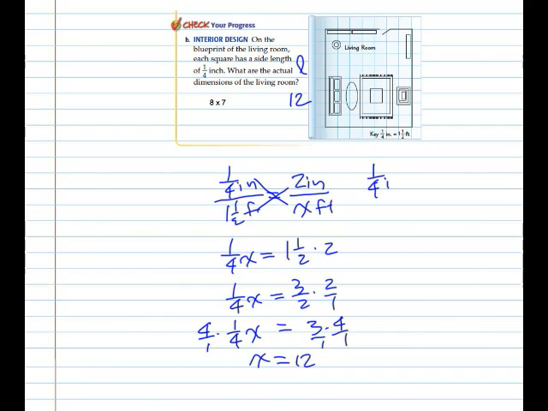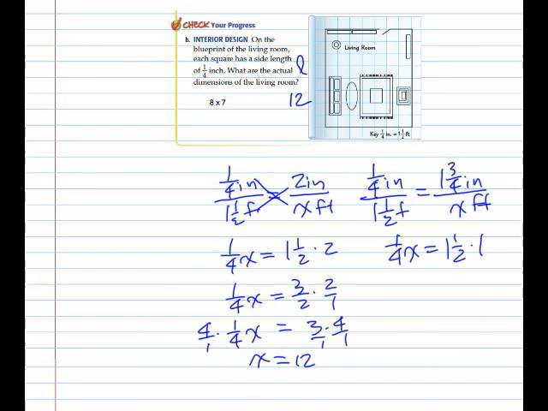We'll do the same with our width. Again, our scale is 1/4 inch to 1 1/2 feet. In this case, if we count across here, we have 7 of those 1/4 inch units. So we actually have 1 3/4 here instead of 2. That's inches to x feet.